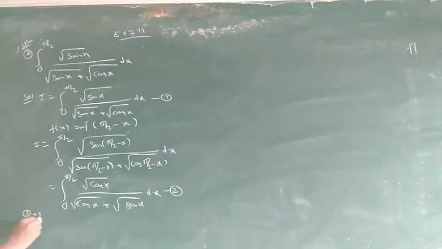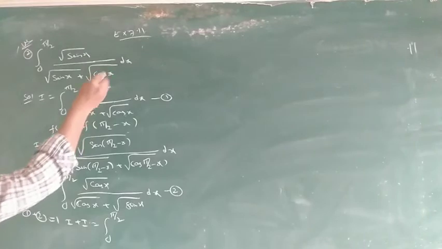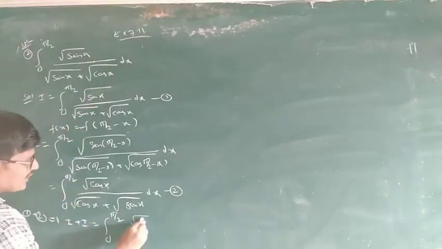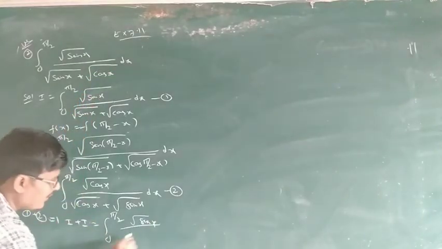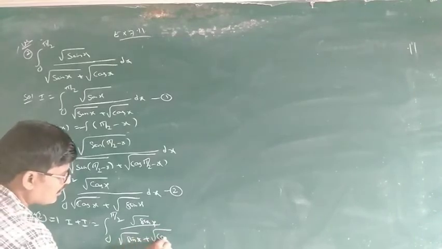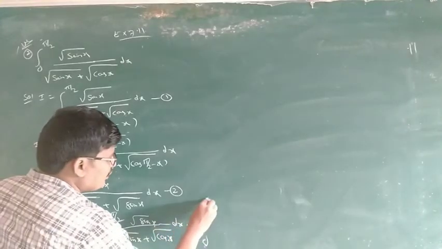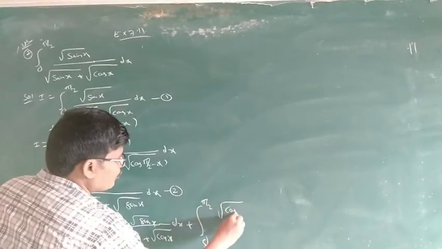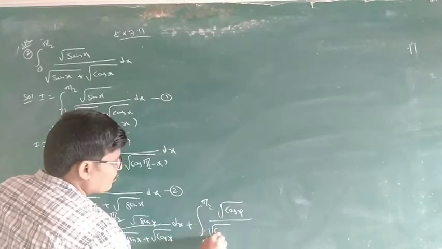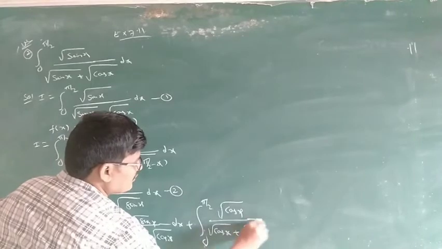1 plus 2 implies I plus I is equal to integral 0 to pi by 2. What is 1? Root sin x by root sin x plus root cos x dx, plus what is 2? Integral 0 to pi by 2 root cos x by root cos x plus root sin x dx.